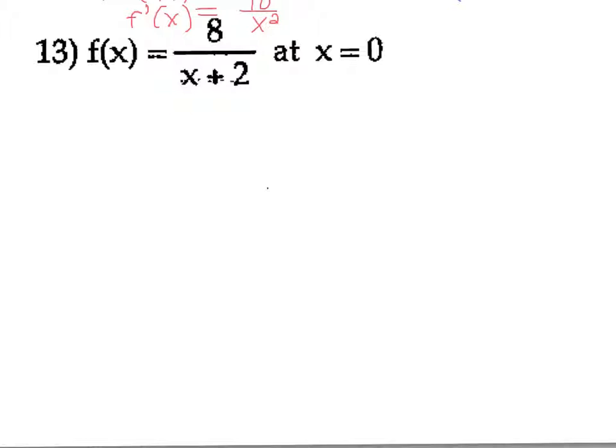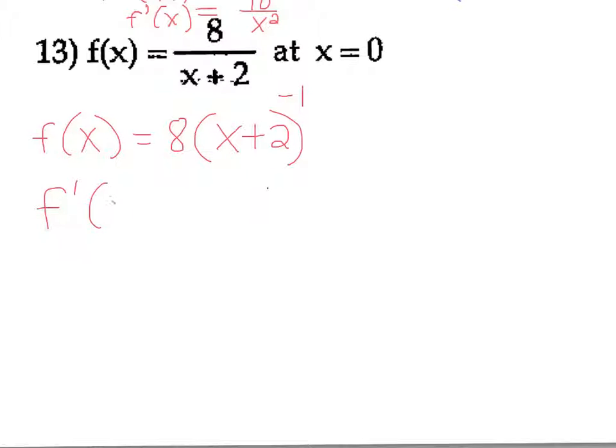Okay, number 13, first of all, I need to bring it up. So f of x is 8 parentheses x plus 2 raised to the negative 1. Now my derivative function f prime of x equals what?